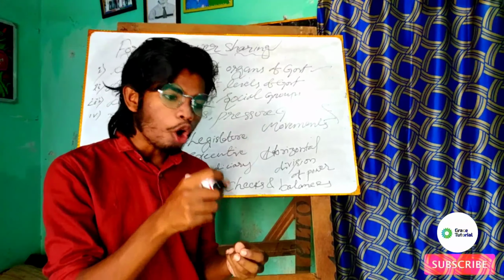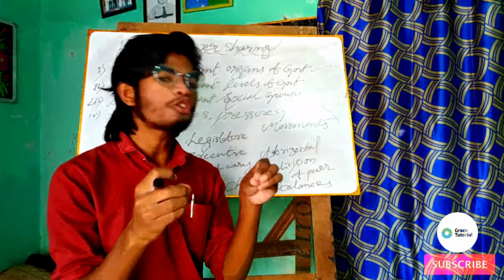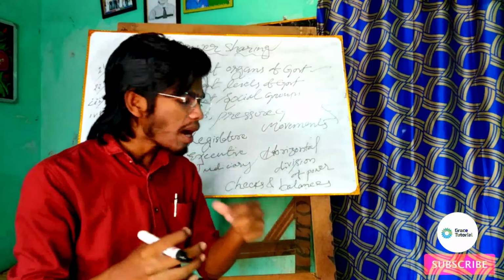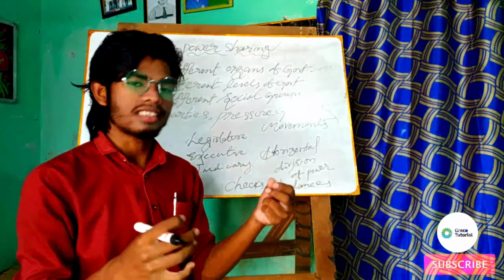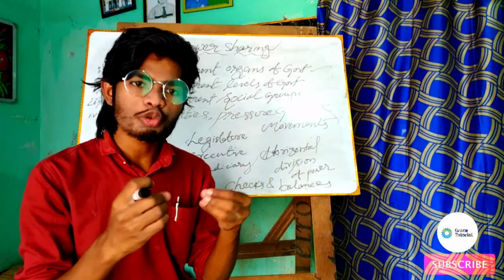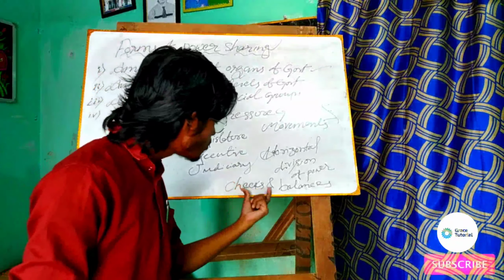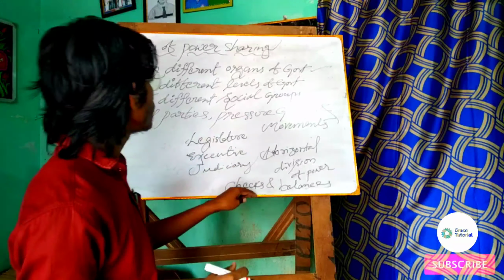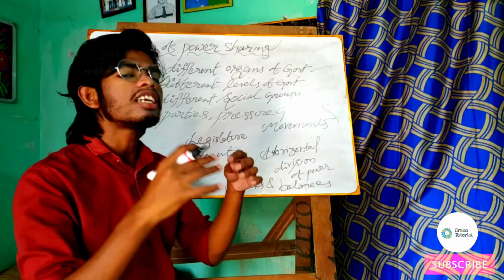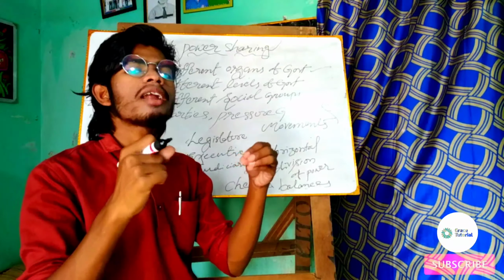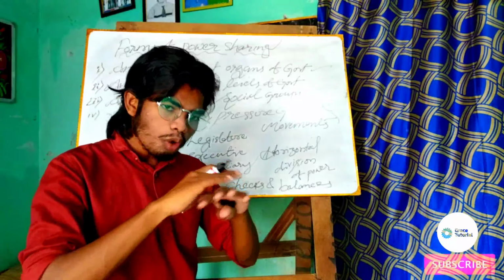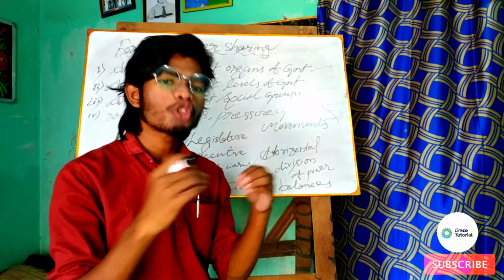Putting a check on the exercise of powers of the various organs of the government by maintaining a balance among the various institutions of the government. That system is basically called the check and balance system. It can also be explained under this category, that the power can be shared among the different organs of the government. And in what other way can the power be shared?